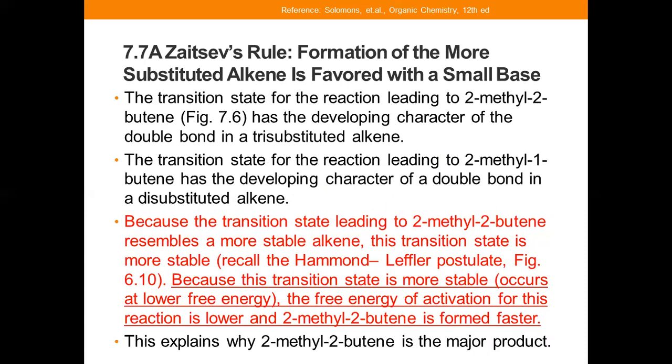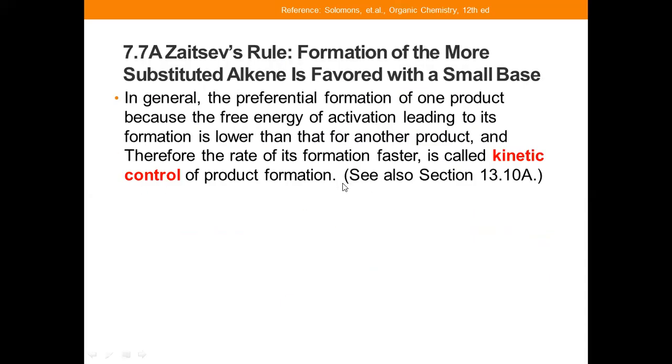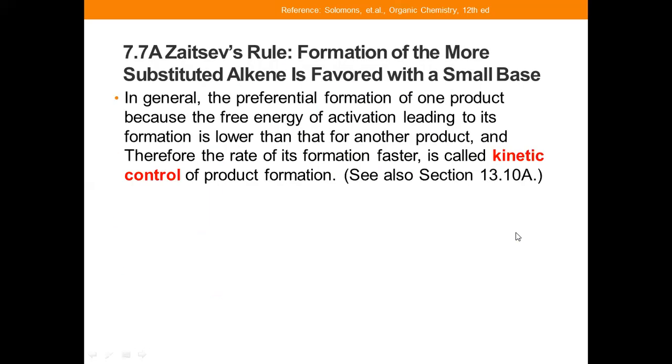The formation of this more stable, highly substituted alkene is favored due to its lower activation energy for transition state formation. We can say that this has kinetic control of product formation, so it is kinetically favored, forming 2-methyl-2-butene, the highly substituted alkene.